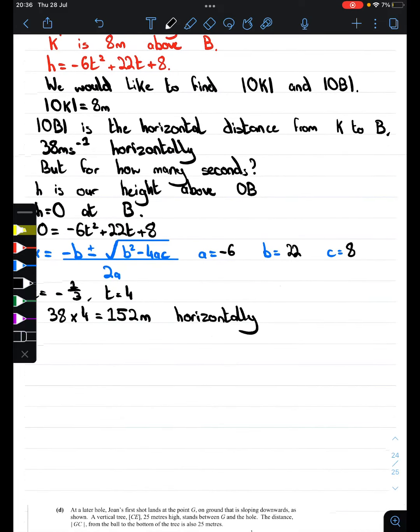All right, now we're going to look at CD. We know that CE equals CD plus DE, and we know that DE is h, so 25 equals CD plus h.